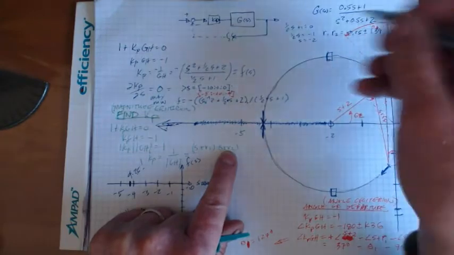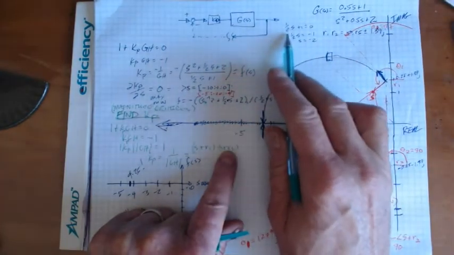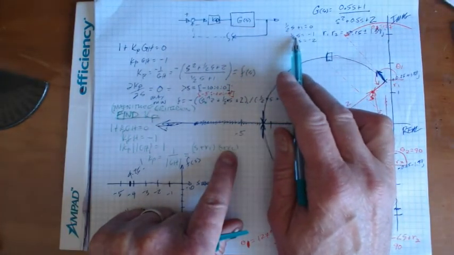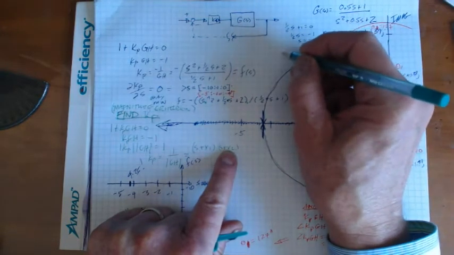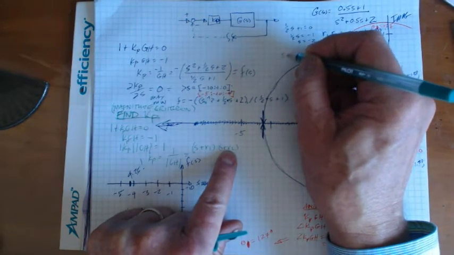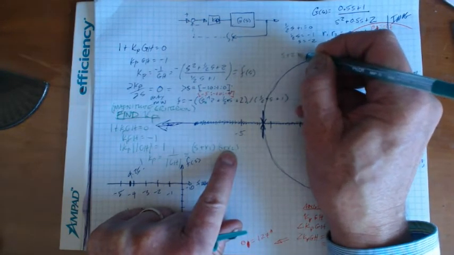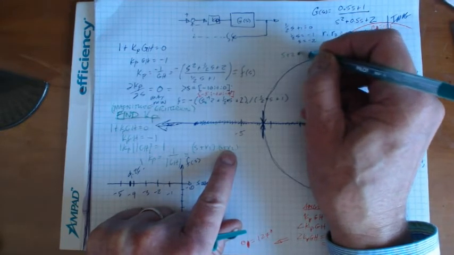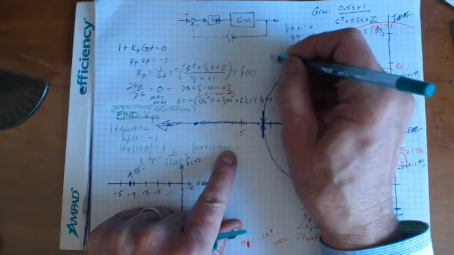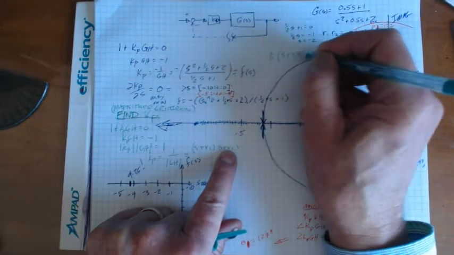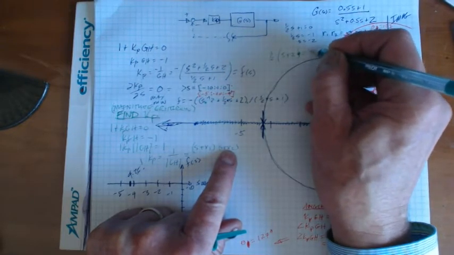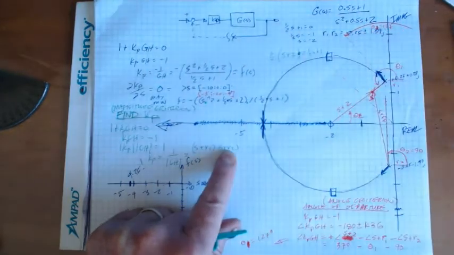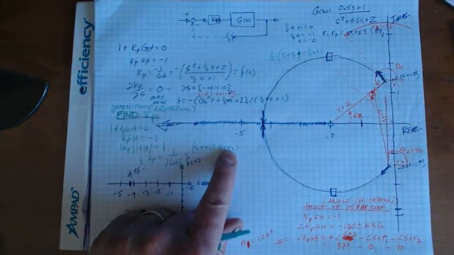I almost did this at 1/2 S plus 1. So let me write this a different way: 1/2 times S plus 2 equals 1/2 S plus 1. So I'm just going to change that so it does have a leading coefficient.